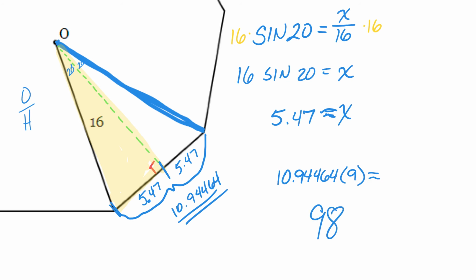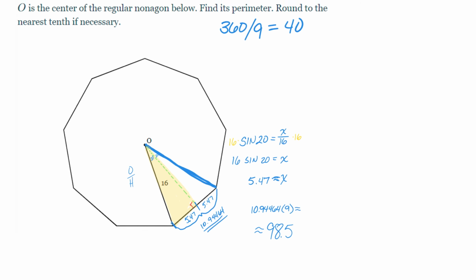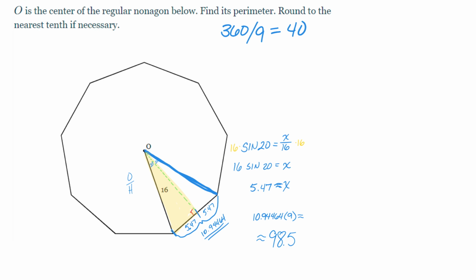And we get an answer of 98.5 because we are rounding to the nearest tenth. So this is how we do perimeter of these figures. And we're going to need the perimeter in order to do the next part, which is to find the area.